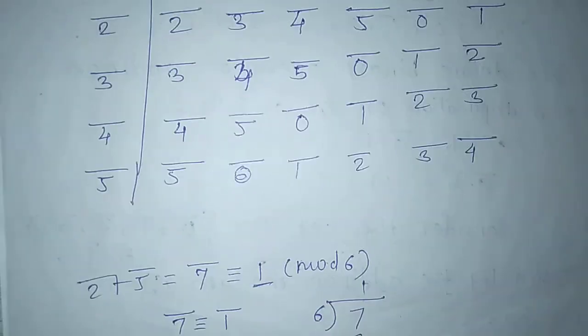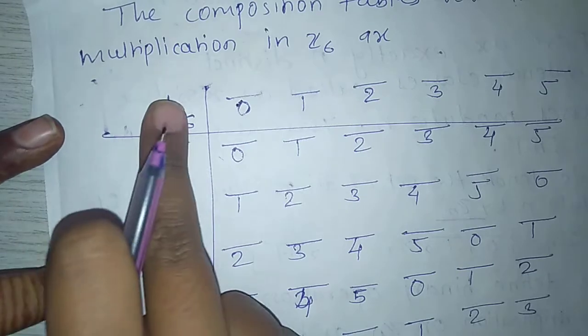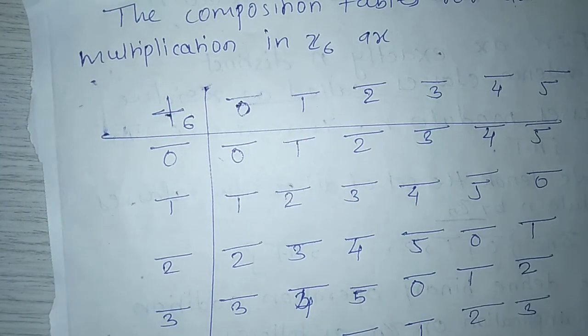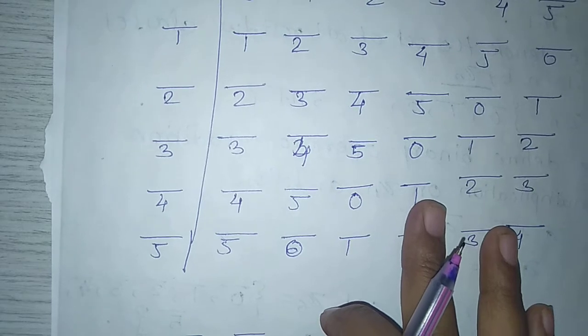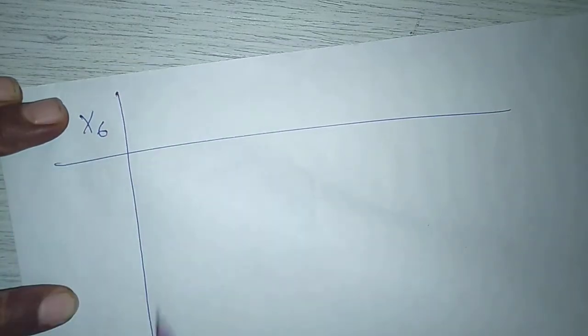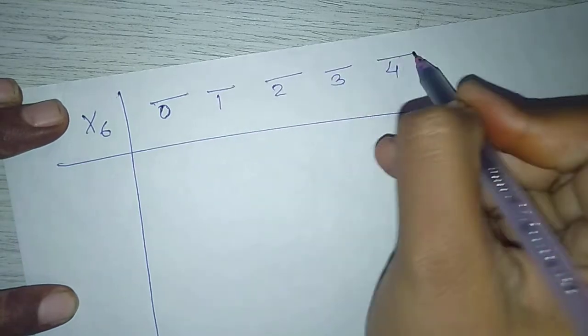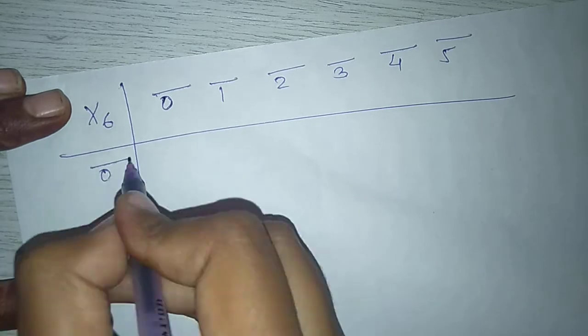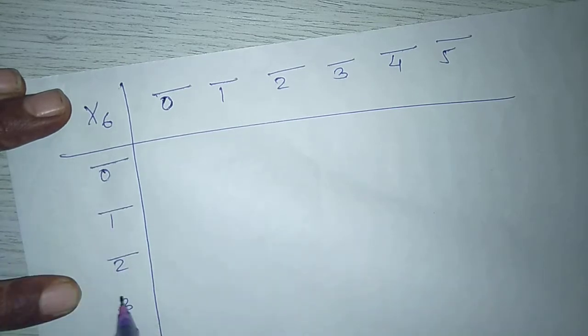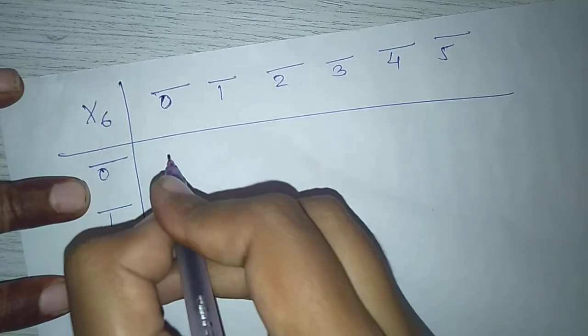Now, this is the addition table in Z6. Similarly, the multiplication table under modulo 6. 0 bar, 1 bar, 2 bar, 3 bar, 4 bar, 5 bar. 0 into something is 0.